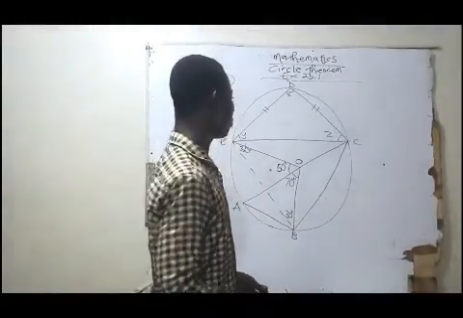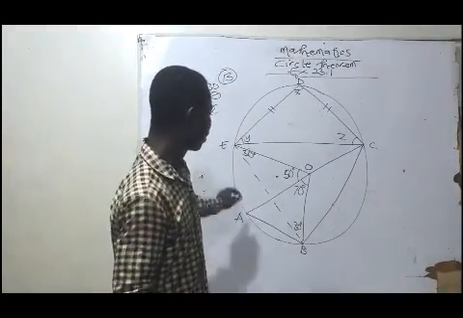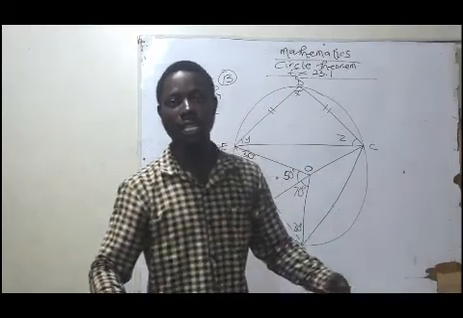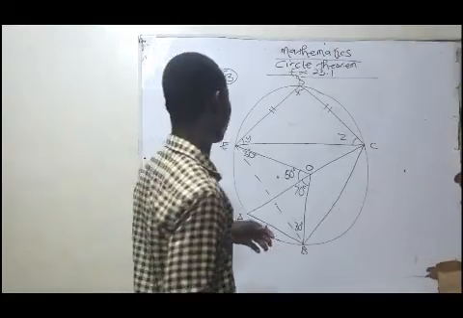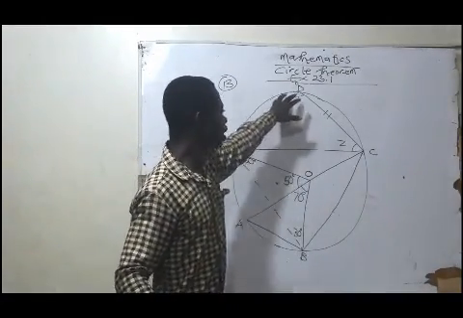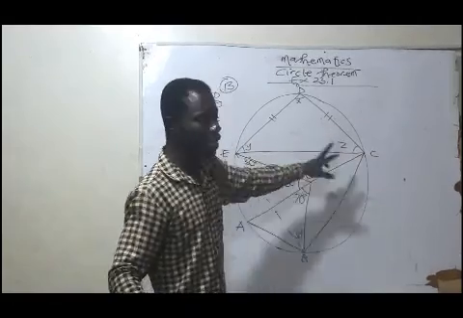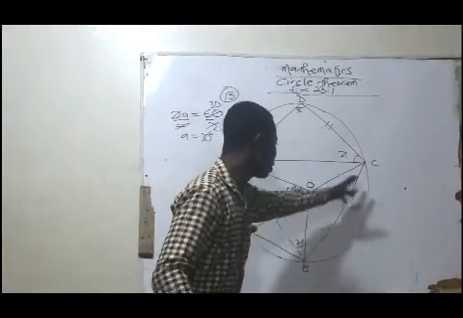Now, if we are able to get angle EBC, we can use a property in the circle theorem and then use the isosceles triangle we have here to get Y and Z. But how do we get angle EBC?